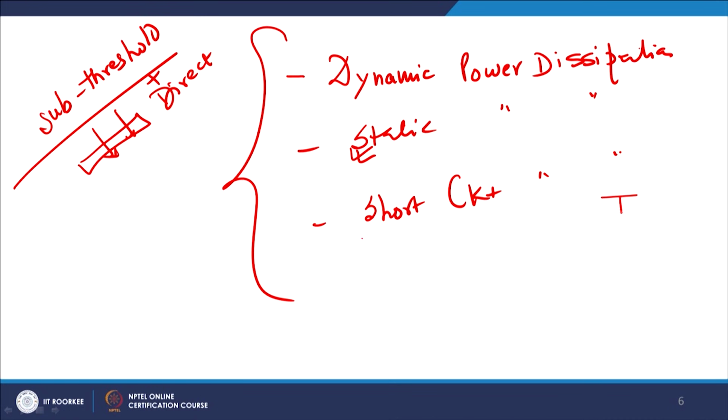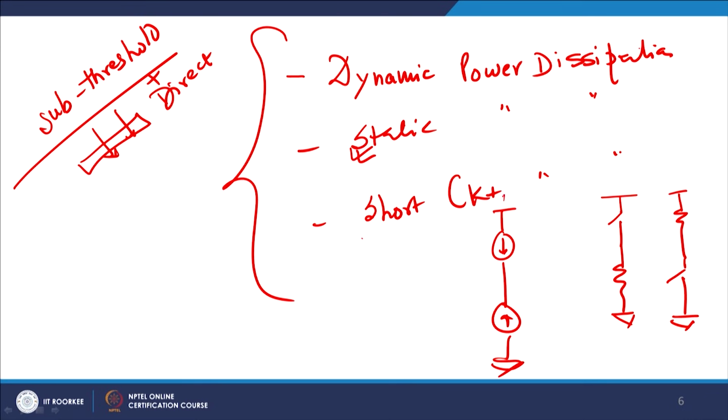We also have short circuit dissipation. Please understand a very important issue. Remember, there was a time when you did have something like this, right. You also had a time when you had something like this, but there was also a case when both were saturated, something like this, and this was VDD.